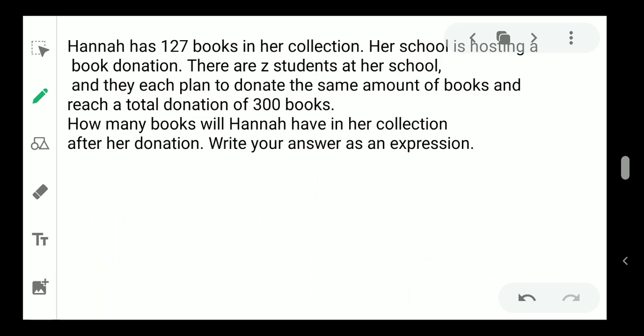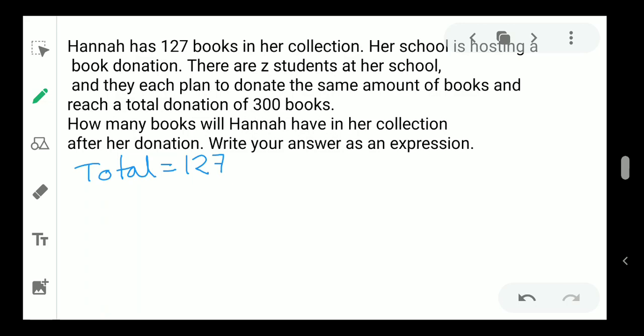Hannah has 127 books in her collection. So total books is 127. Her school is hosting a book donation.